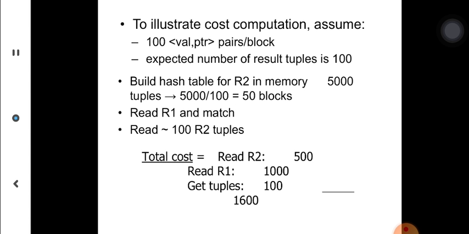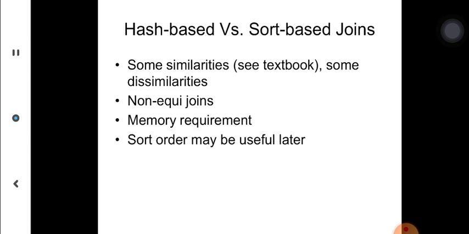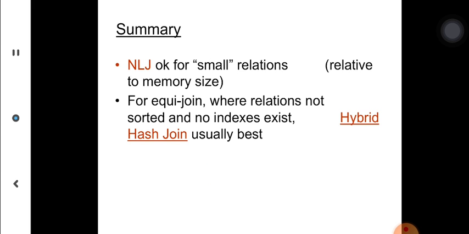So I think we understand the entire discussion plan is to find the cost in terms of different operators and operations. So for hash based versus sort based join operation, there are some similarities, some dissimilarities. Non-equi joins, first of all, memory requirement, because memory requirement is so different, and sort order may be useful later.